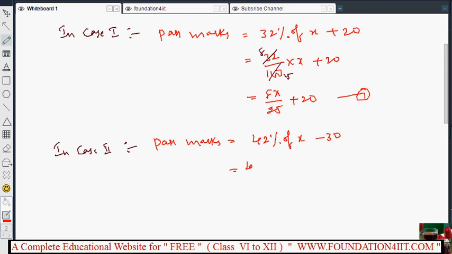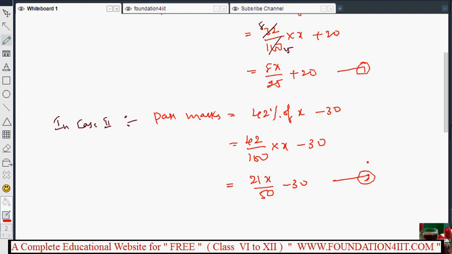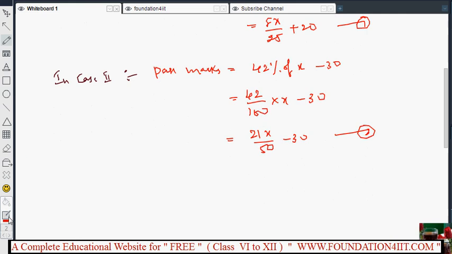So if we solve this, 42 by 100 into x minus 30. Now if you solve, 21x by 50, 2 cancels, 21x by 50 minus 30. So first and second equations both are pass mark only. So if we equate the first and second equations, because both are the pass mark, therefore equation 1 equals 2, that is 8x by 25 plus 20 is equal to 21x by 50 minus 30.